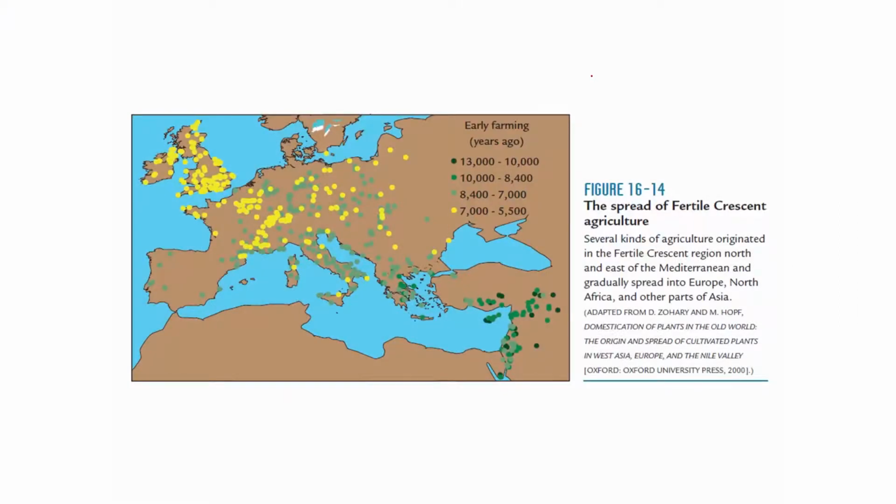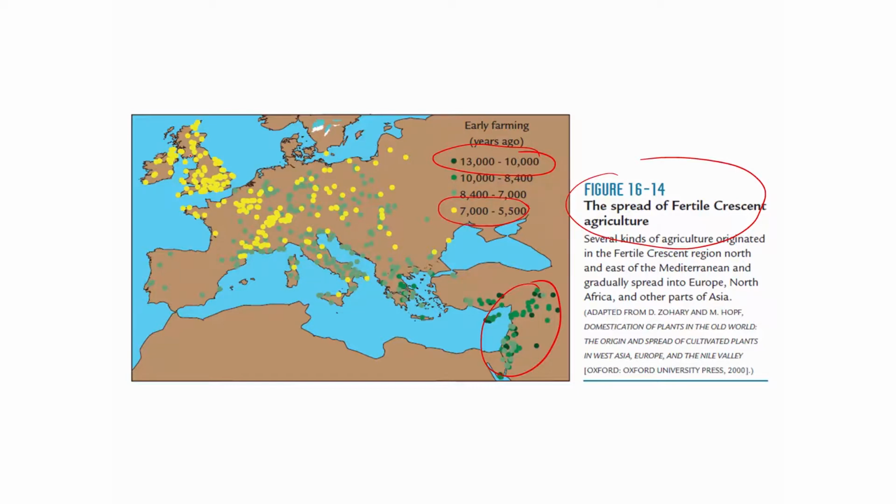So here, putting together historic evidences, we are looking at the expansion of agriculture, the so-called fertile crescent agriculture, which started around the so-called Levant, Syria, Israel, Jordan, etc., just coming out of the glacial around 13 to 10,000 years ago, and slowly over time it expanded into Europe, UK, and so on.